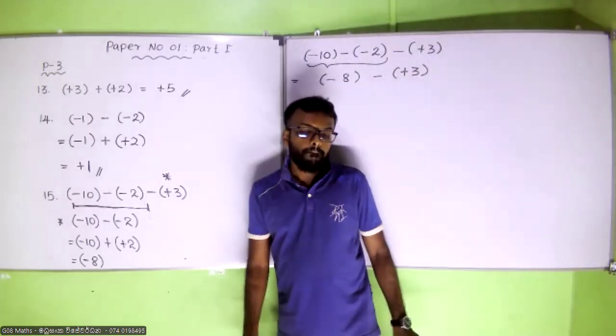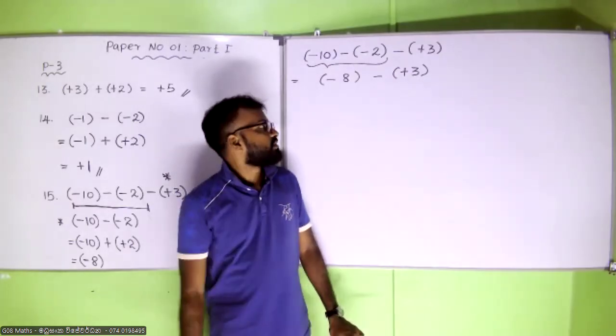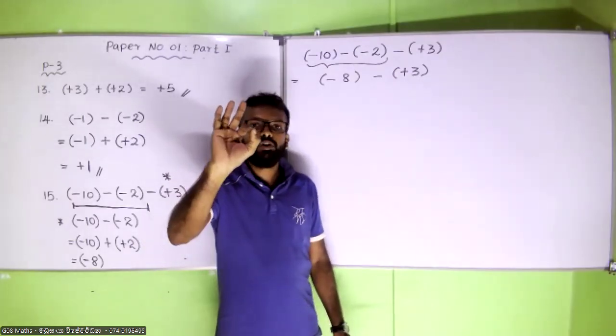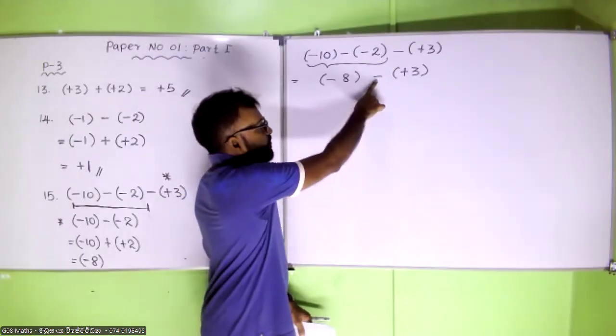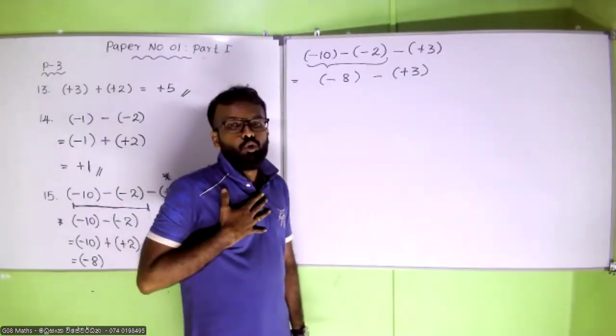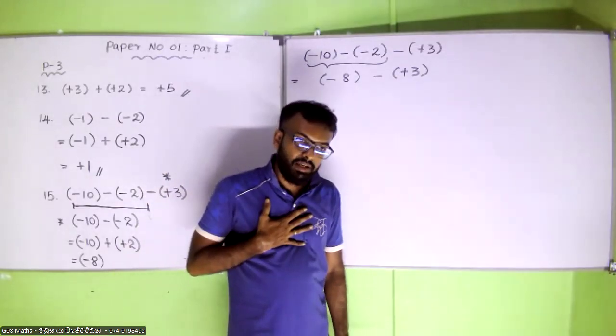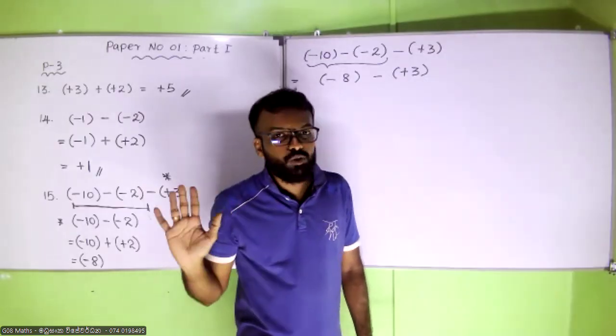Should we take the additive inverse for the last one? Excellent. Yes, exactly what we are going to do. Here we have subtraction. We do not know how to subtract as we are in grade 8, grade 9.